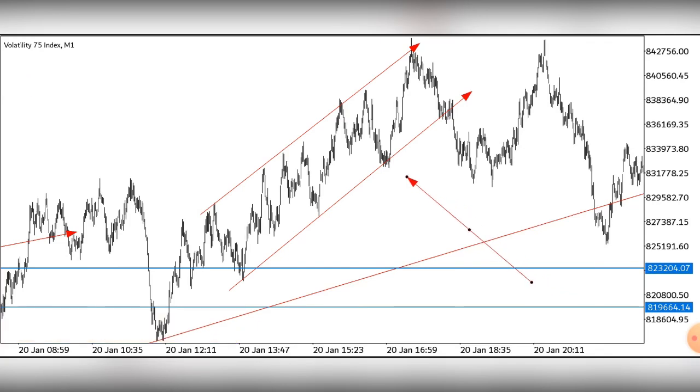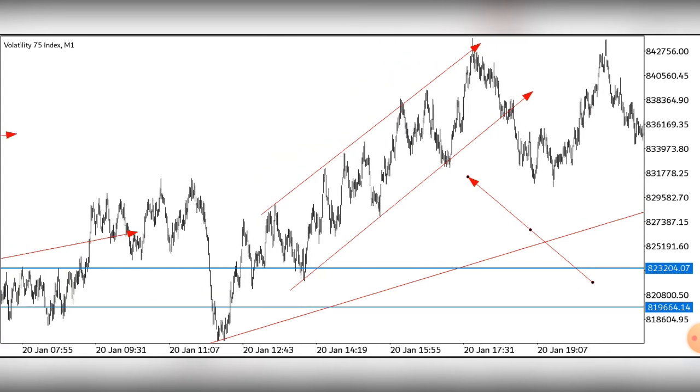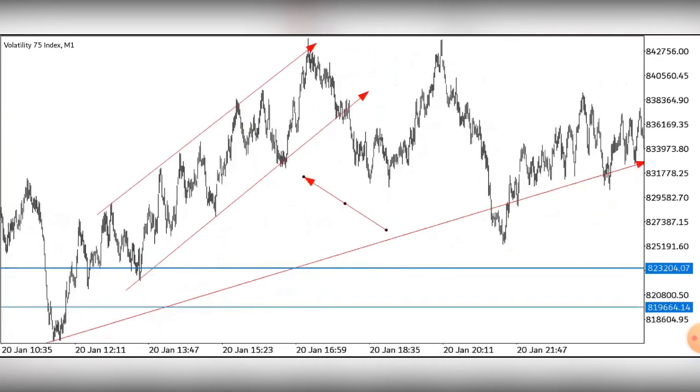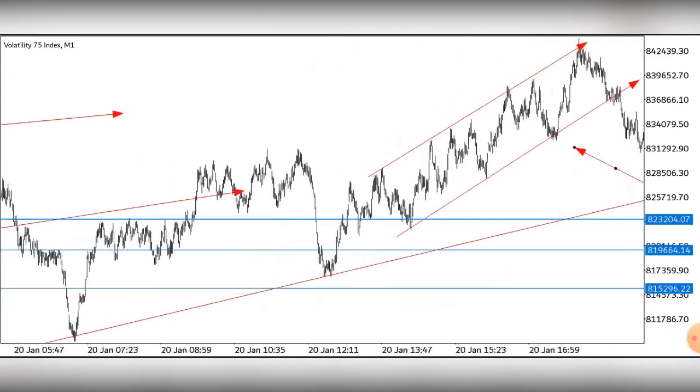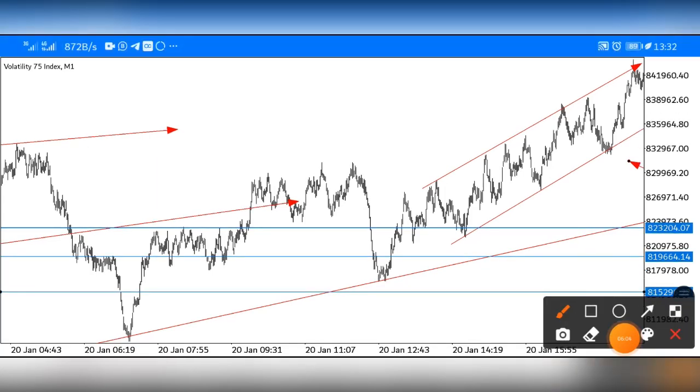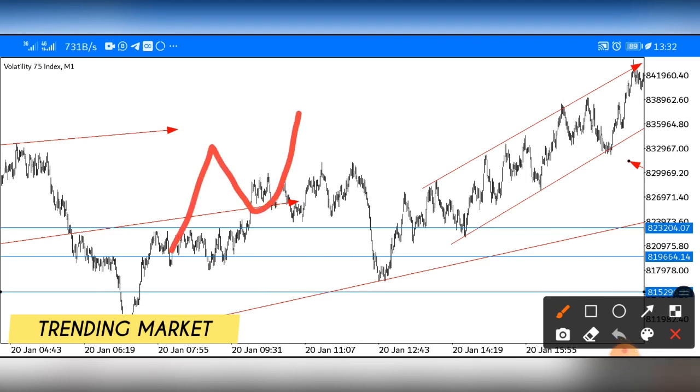Now, what are the three major price structures that you need to know as a beginner trader? If you're a beginner trader and you want to be successful at trading this year, pay attention to this. I want to show you this. The three market structures you need to pay attention to are, number one, the trending market. A trending market will be going upward like this, or downward like this.